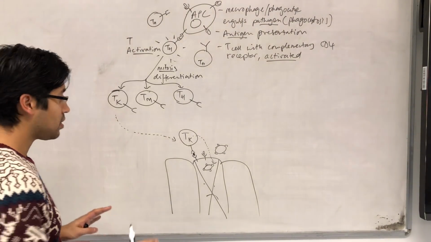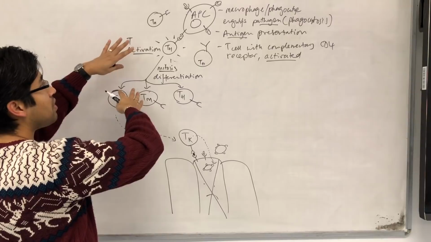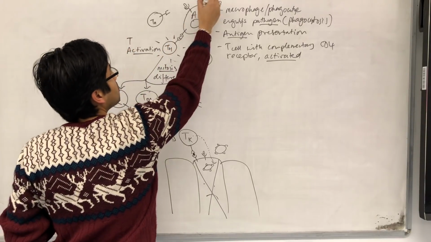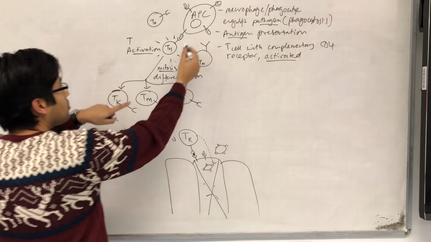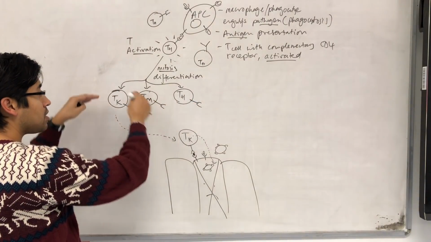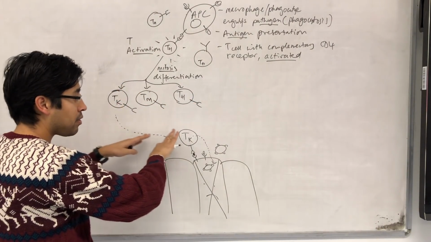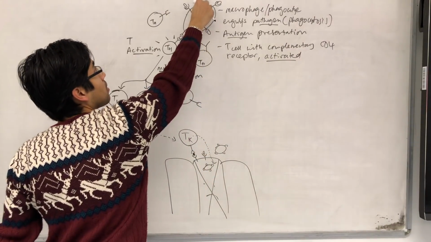Making sense? Okay. So, are we happy with the sequence of events that started from a pathogen being in the body to activation of the T helper cell, mitosis, differentiation, generation of T killer cells that will kill any cell infected with that pathogen?